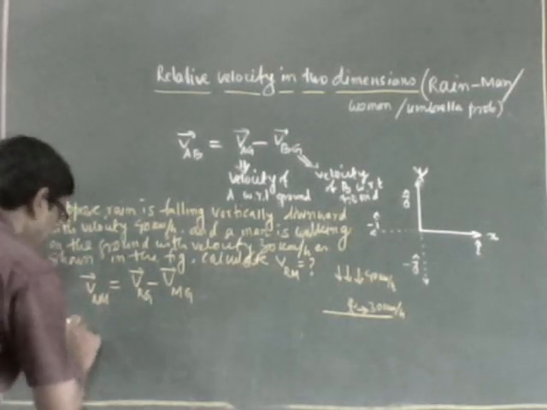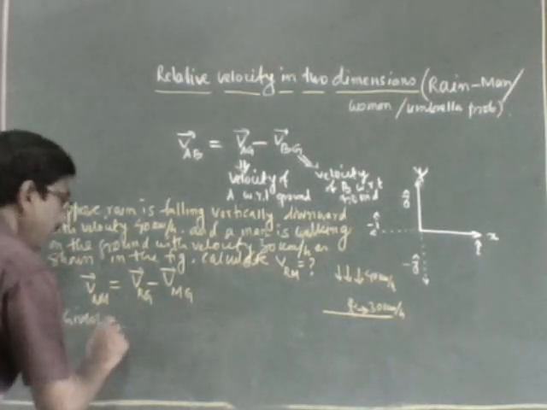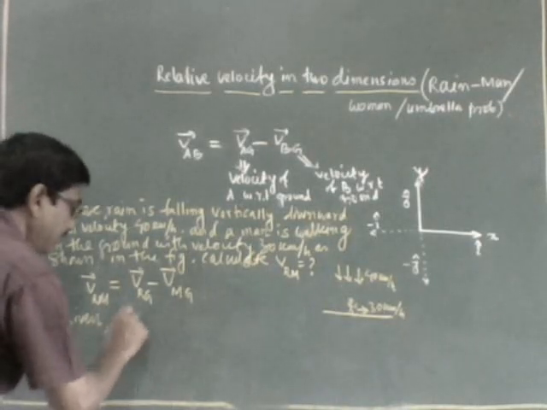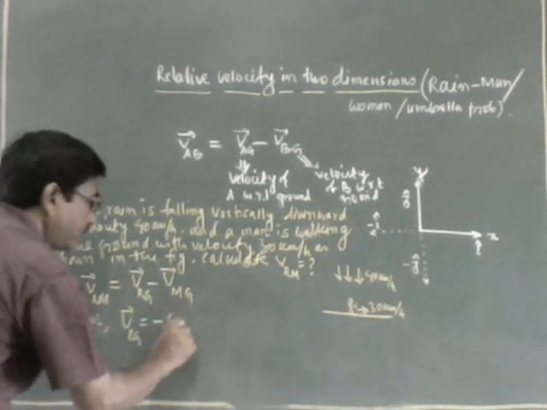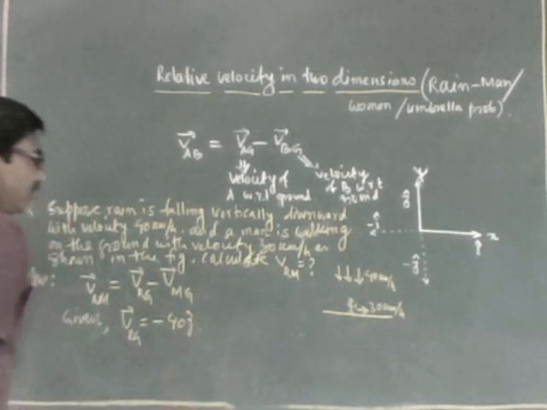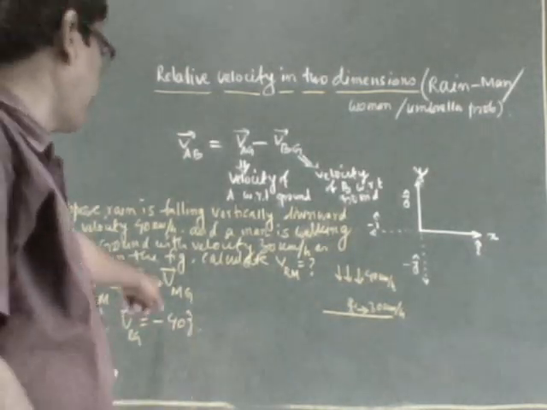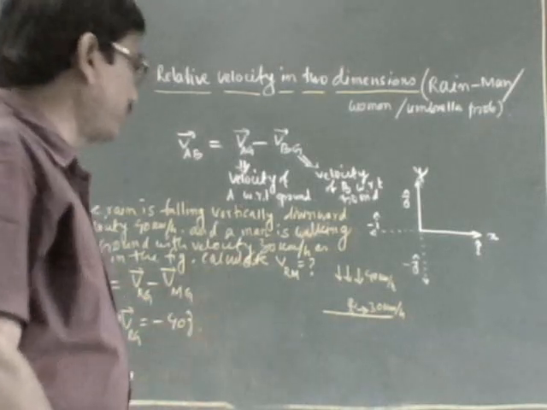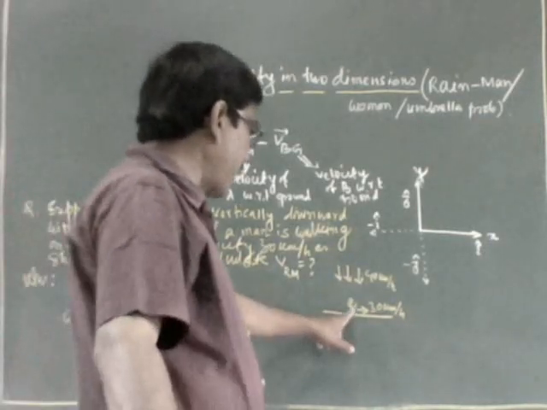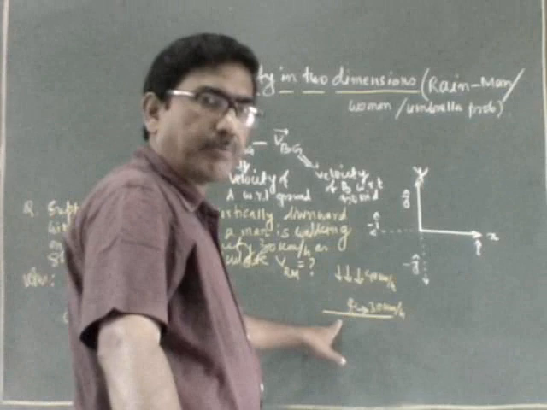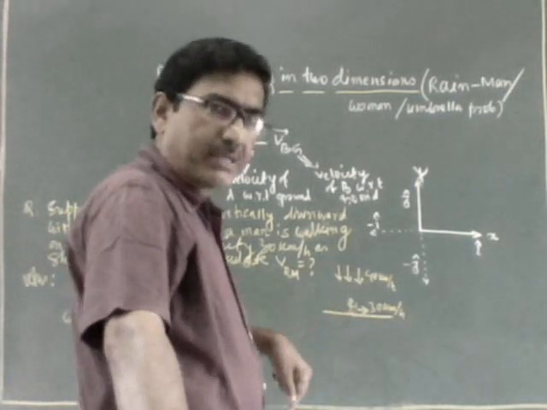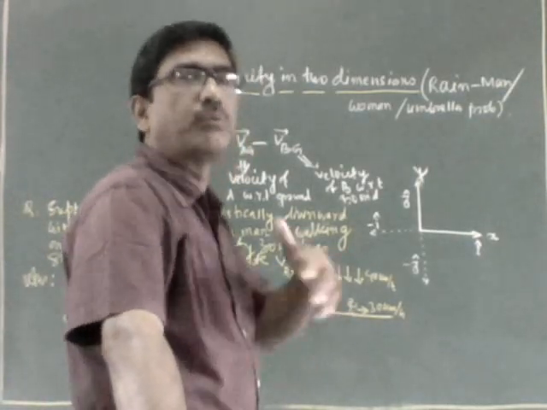So given VRG equal to minus 40 j, and VMG, velocity of man with respect to ground. Suppose on the ground another person is there who is at rest. So what will he observe?